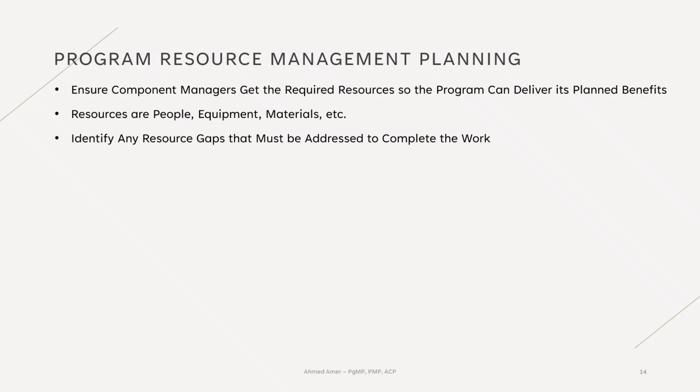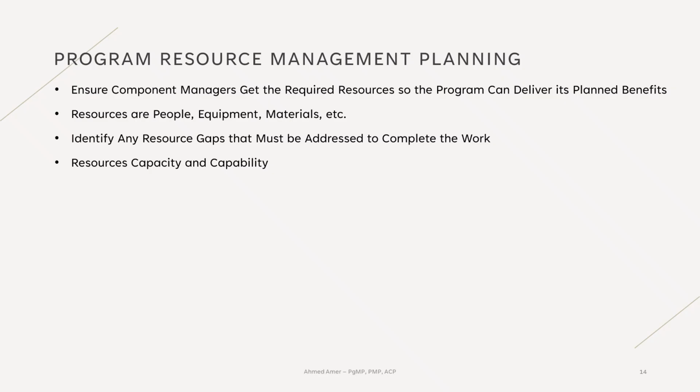Think of it like chefs in a kitchen. Once they finish one dish, they jump in to help prepare the next. The program manager looks at each resource from two angles: capacity, how much they can take on, and capability, what they are actually skilled at.